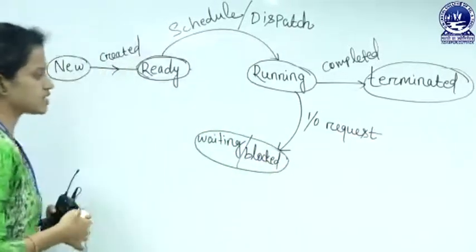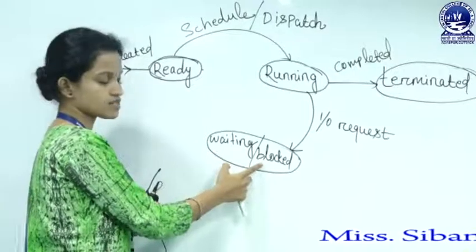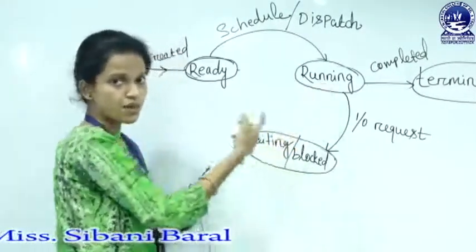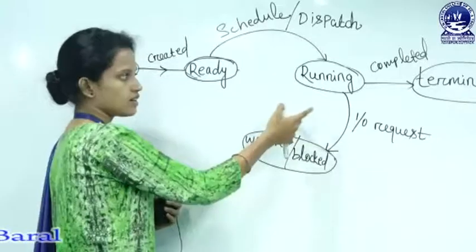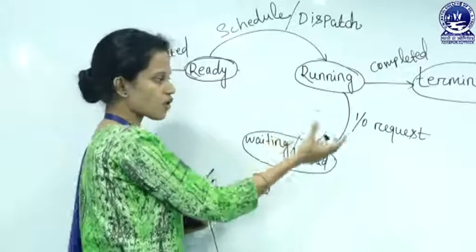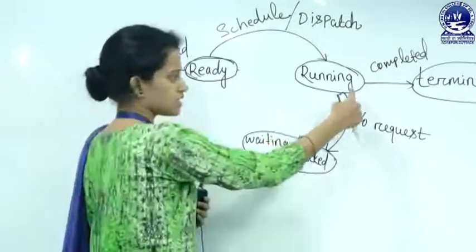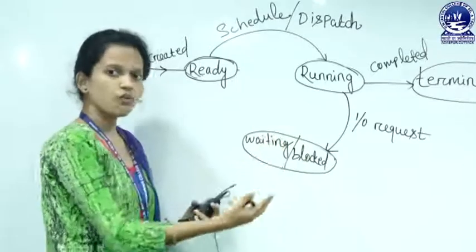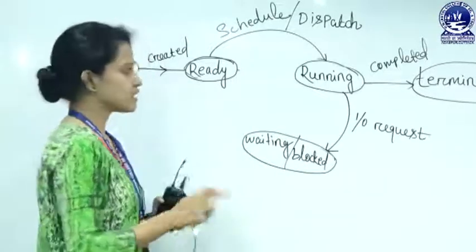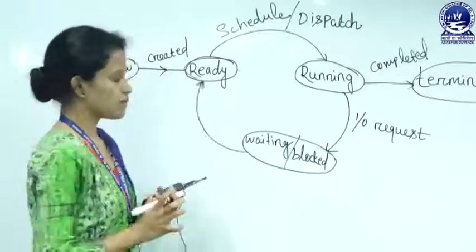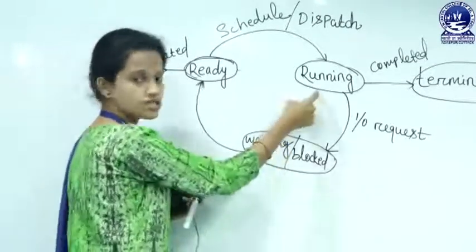In the waiting state, or blocked state, when a process needs some IO operations, during its execution it is blocked by the operating system and goes to the waiting or blocked state. After the IO operation completes, it will resume its execution and go back to the ready state. Remember, it will not go back to the running state again.